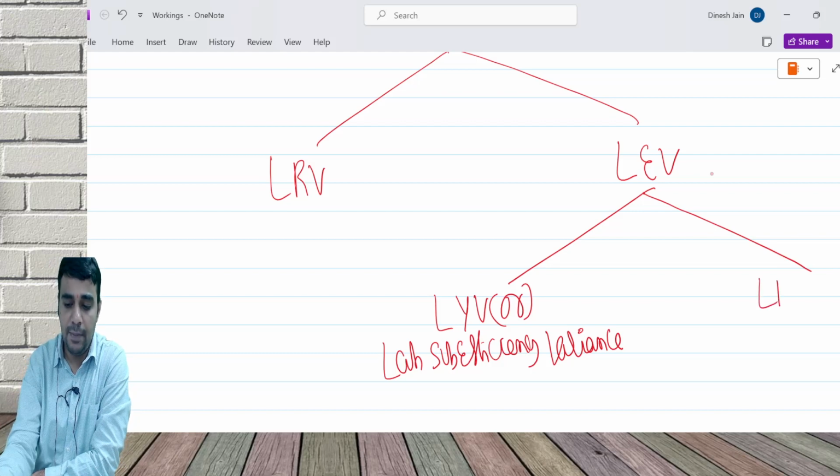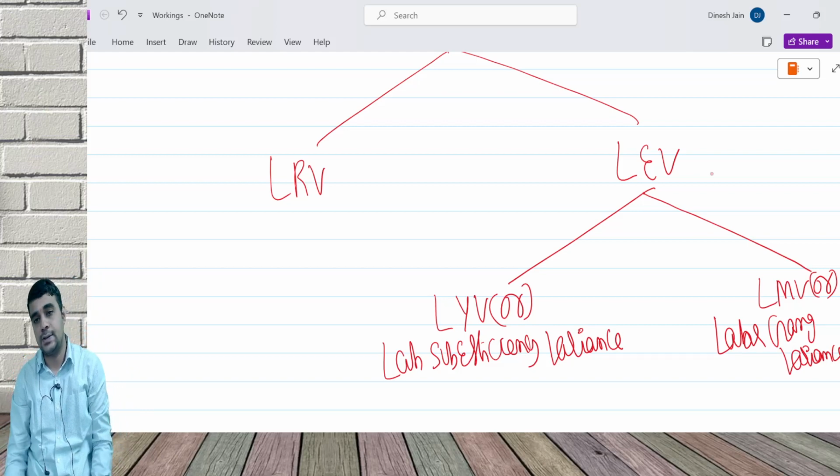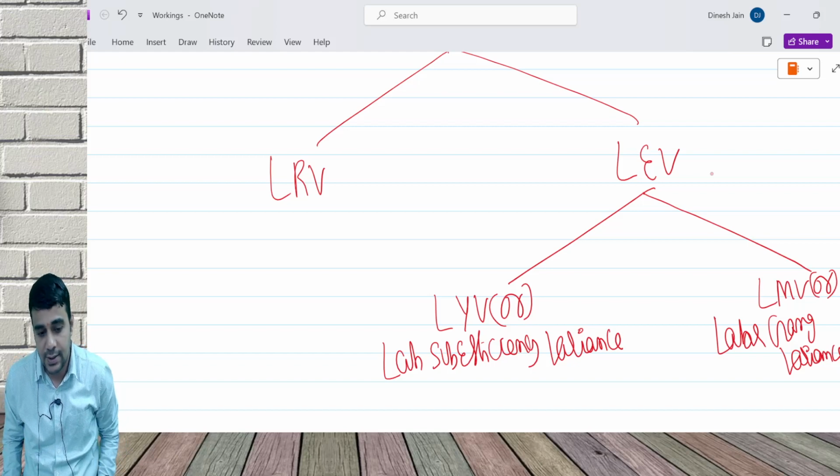This side it is labor mix or labor gang variance. Gang is basically the mix. These are the other names: labor mix variance or labor gang variance, labor yield variance or labor sub efficiency variance.